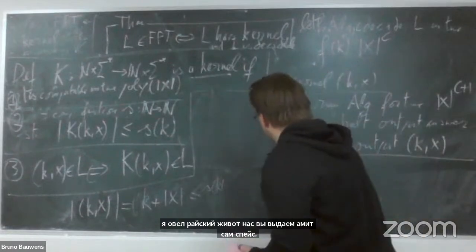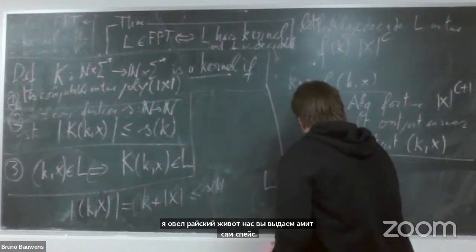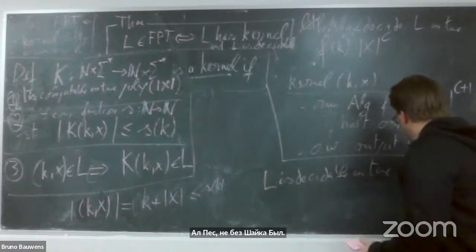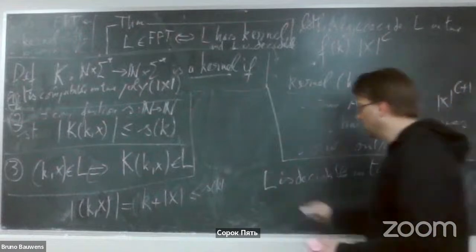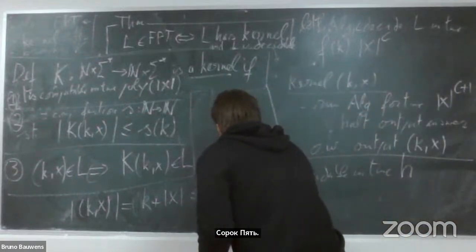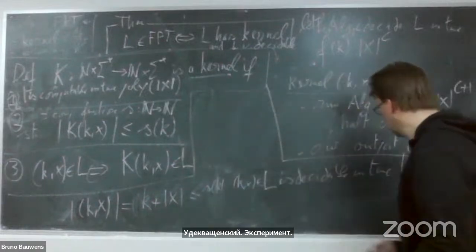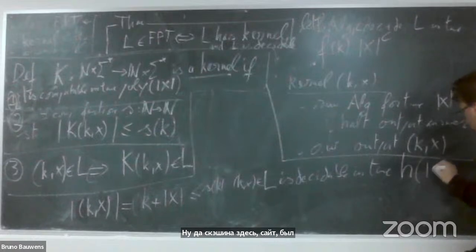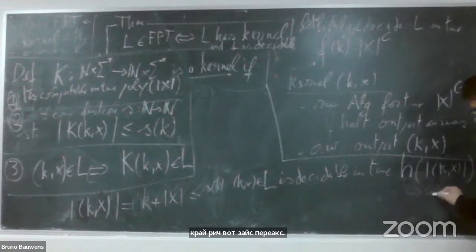Okay, so L is decidable in time H. The question is whether (k, x) is in L, and this question is decidable in time H of the size of (k, x), where H is some computable function.